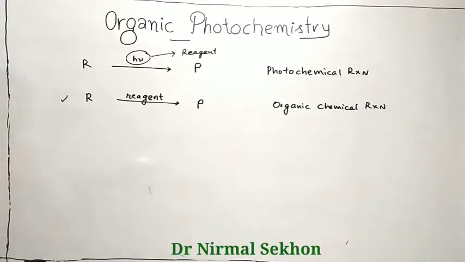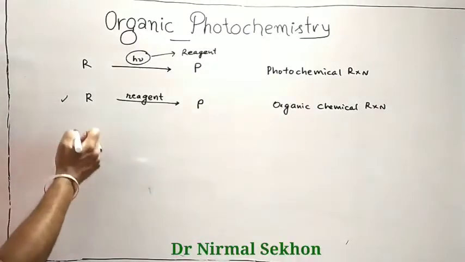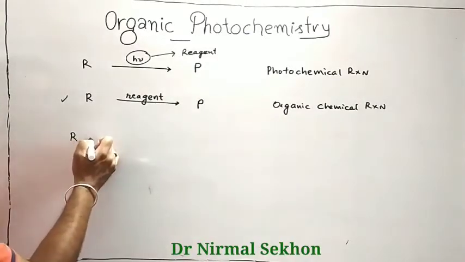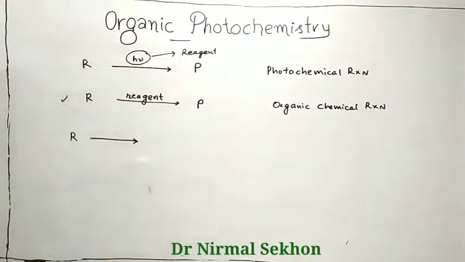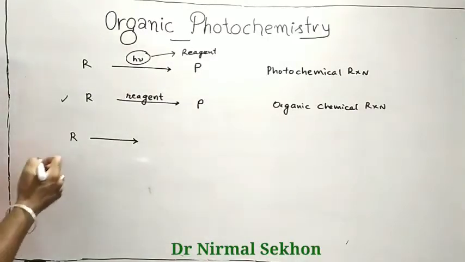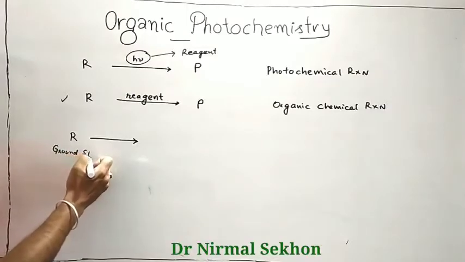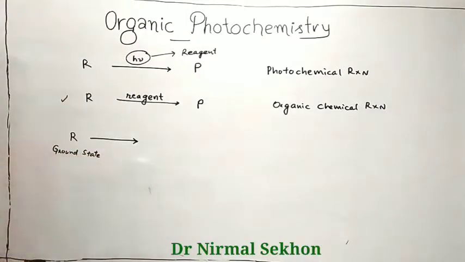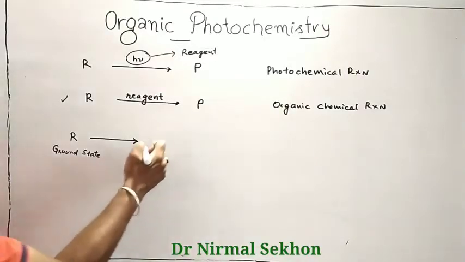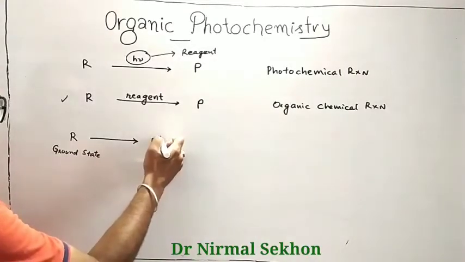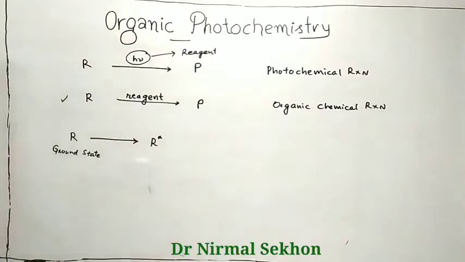Now we are going to expand this reaction. This reactant is in the ground state. When you strike a light, it goes to the excited state. We can write it as R star.